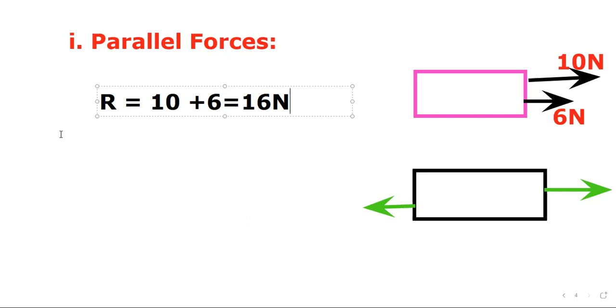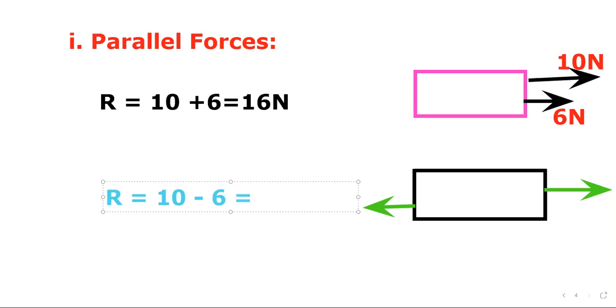But in case you have opposite directions, you will subtract them. Then in the second case, the resultant would be 10 Newton in one direction, and for the opposite direction we are going to put a minus sign. So our resultant force would be 4 Newton.